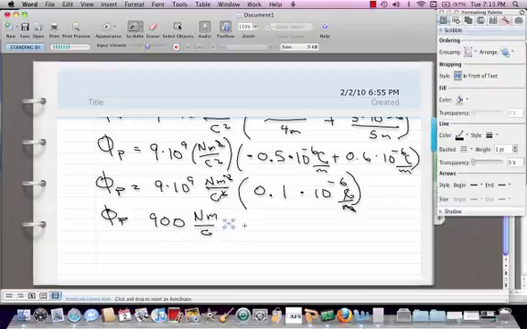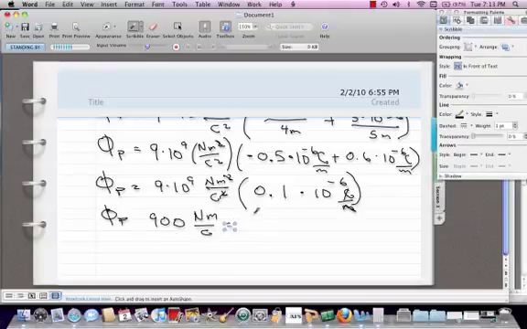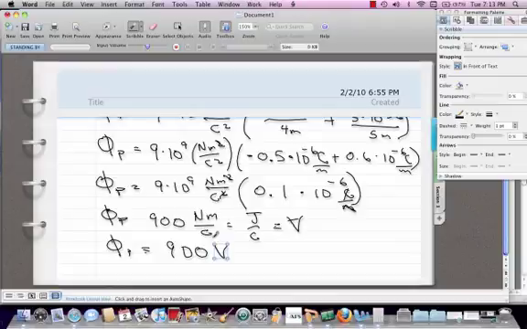A newton meter is a joule, and a joule per coulomb is a volt. So I get phi P equals 900 volts.